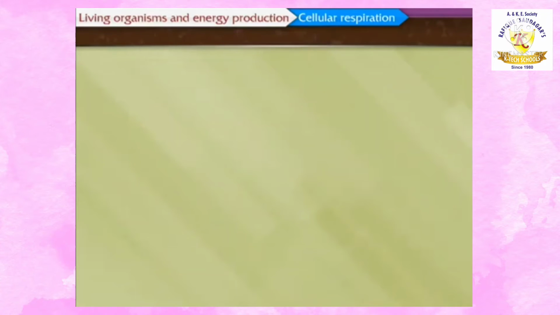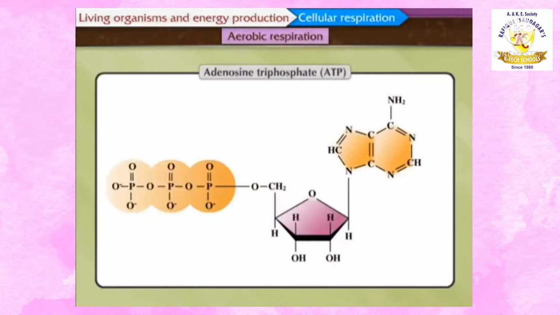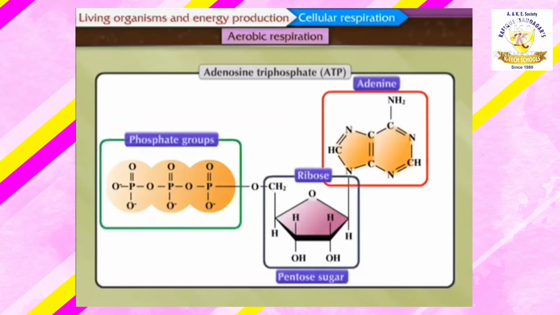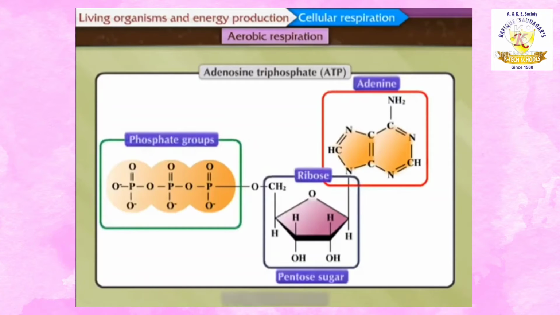So children, now in aerobic respiration, ATP, that is adenosine triphosphate, contains a nitrogenous compound adenine, a pentose sugar, that is ribose, and 3 phosphate groups. It is an energy-rich molecule, and energy is stored in bonds by which phosphate groups are attached to each other.